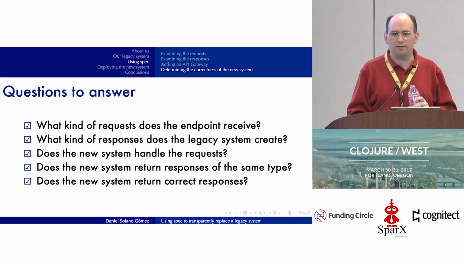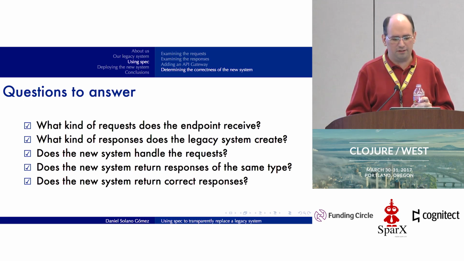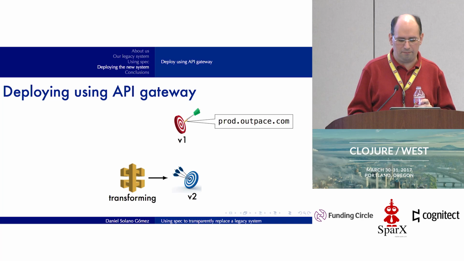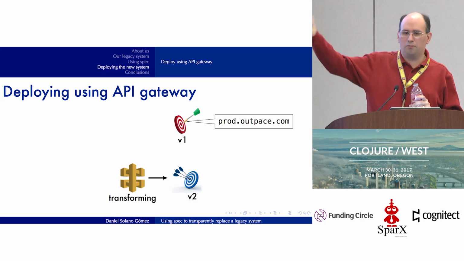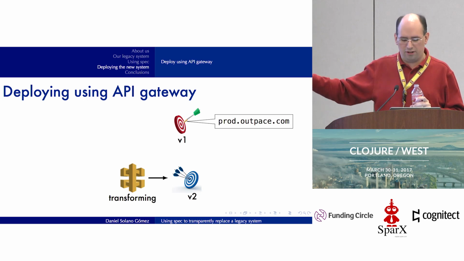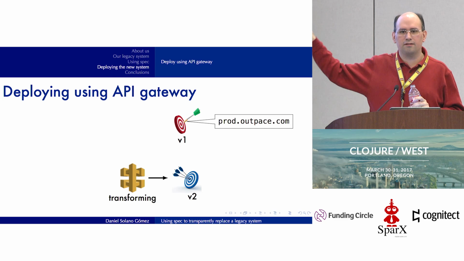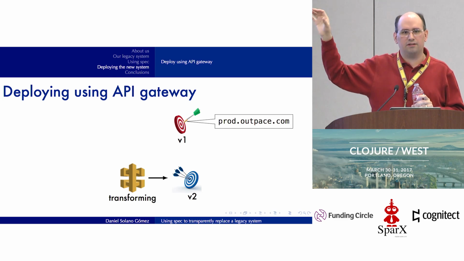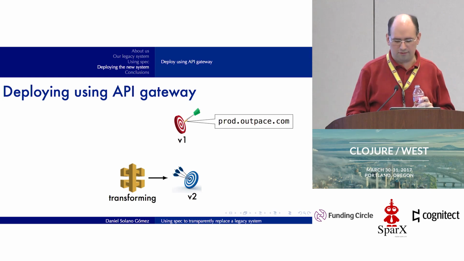So now that we've answered all our questions and have developed a certainty, the last bit of this is to deploy the new system. And so we have version 1 that's running, and we have version 2 running behind the API gateway. And right now, the DNS name that the client is using goes directly to the old system.